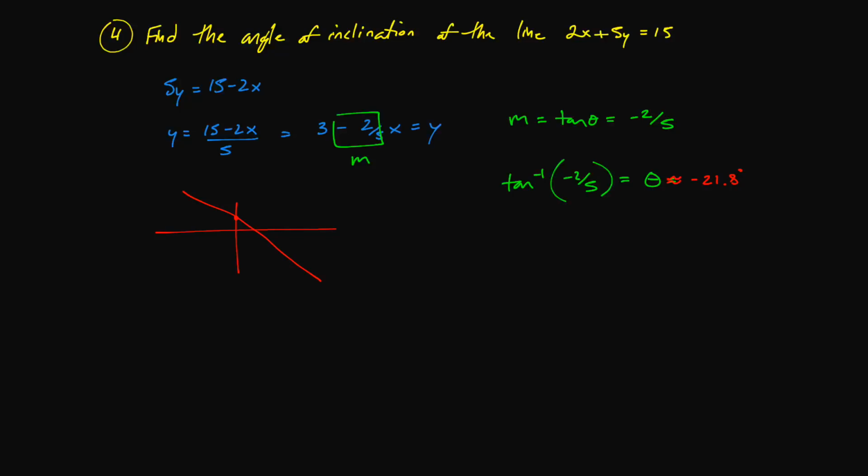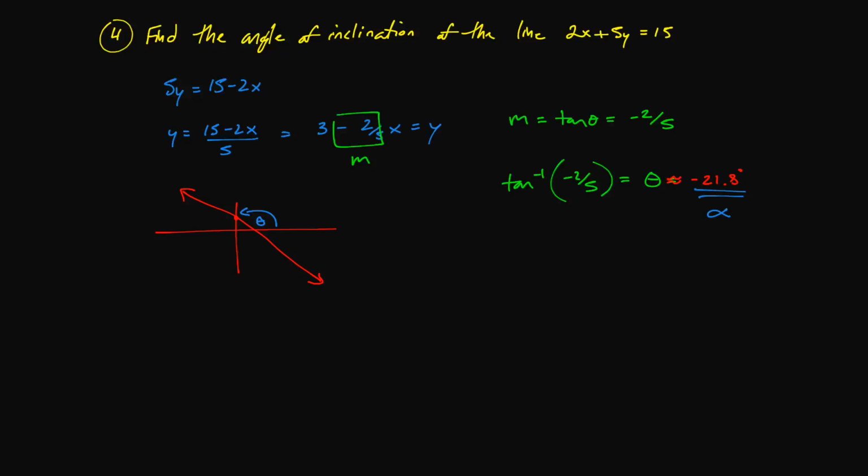Let's just draw a quick line. That's a horrible line, but we're looking for this angle right here. This is what the angle of inclination, theta, is. So this 21.8 represents our reference angle.